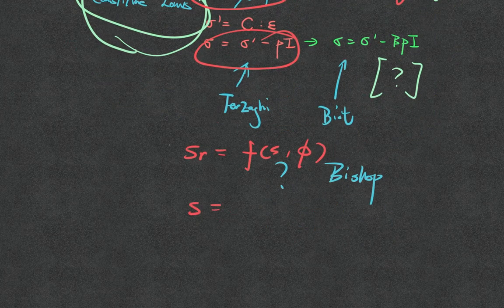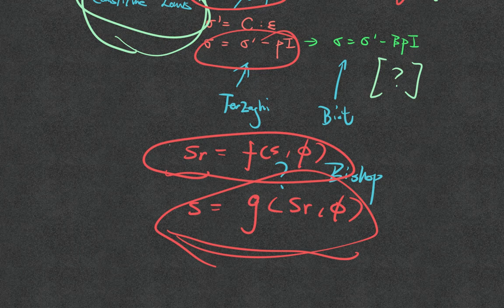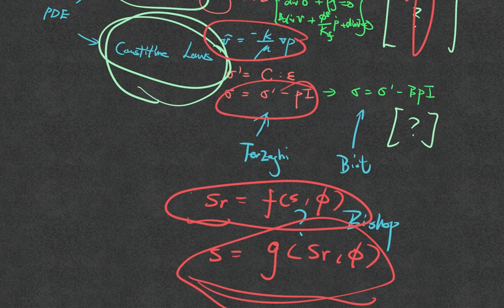Or you can think about suction as a function of the degree of saturation and pressure. Typically you would use this, but not this. That equation is actually path dependent, but if you assume the path dependence is not important, then you can get away from that.